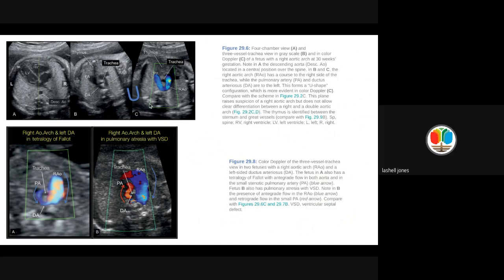Now, in cases where there's a right-sided aorta and a right ductus, it's going to be a V shape to the right of the trachea. Okay, but in cases of right-sided aorta and left ductus, that's where you're going to have the U with the trachea in the middle. I went into more detail in the three-vessel trachea view about the difference between the U-shaped right-sided aorta and the V-shaped right-sided aorta. So please go back to that lesson to hear that, okay?